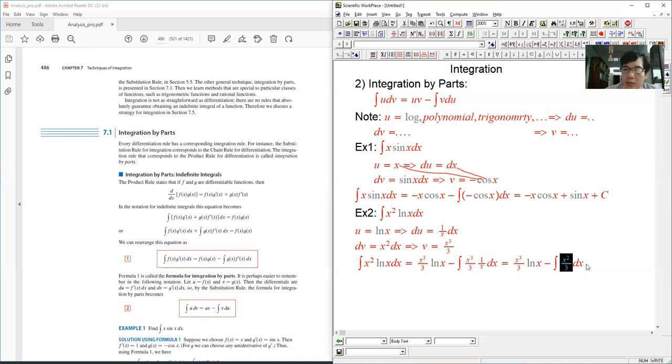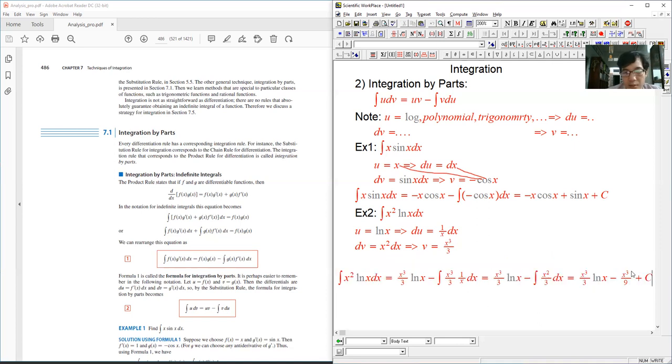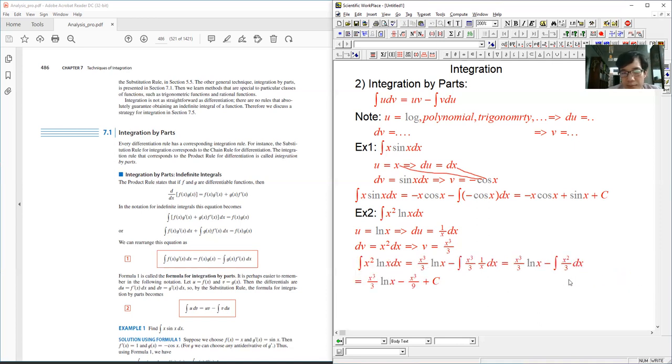Then we insert this answer. So we get minus, the integral of x square is x cube over 3, and multiplied by 3, so it's over 9.